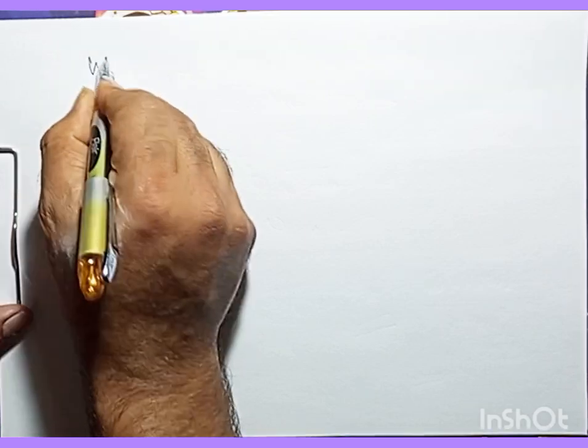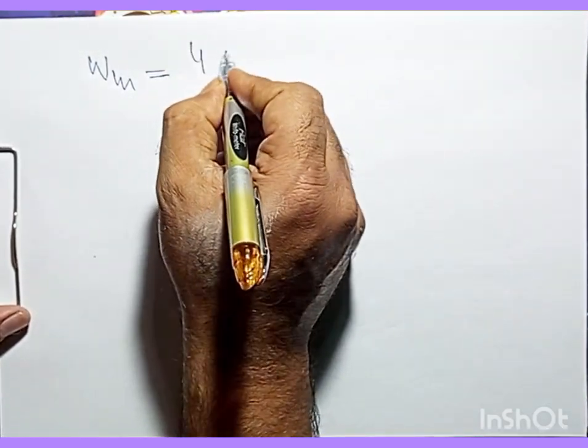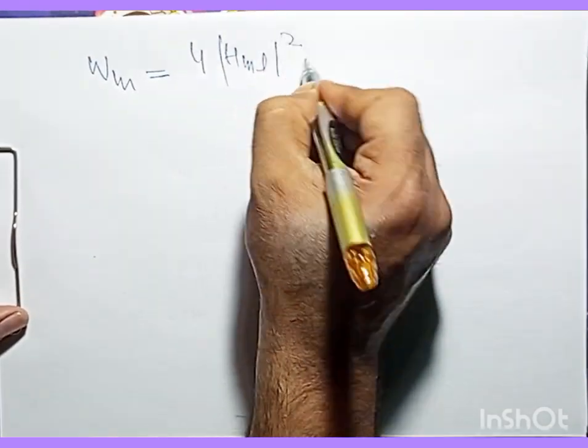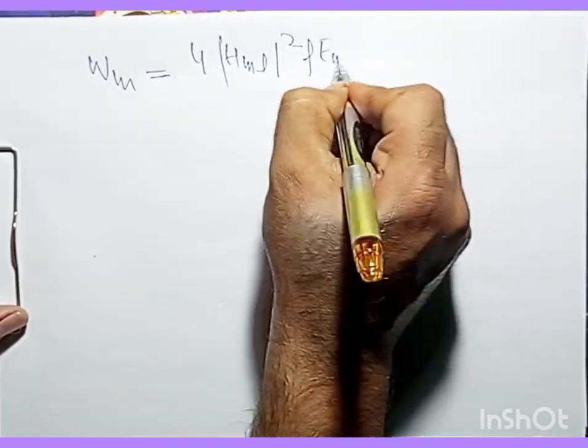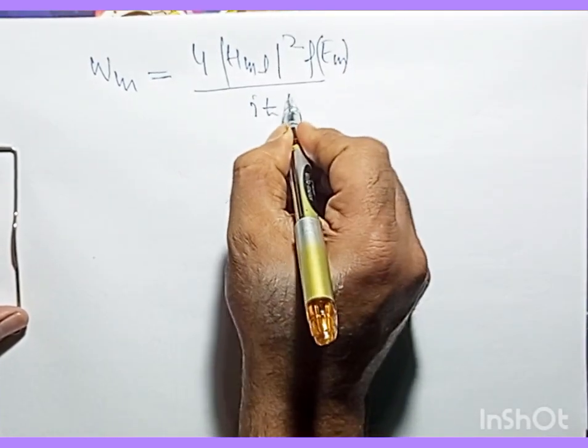So what we will obtain then is this Wm nearly equal to 4 times this H ml whole square rho Em, divided by h cross square.